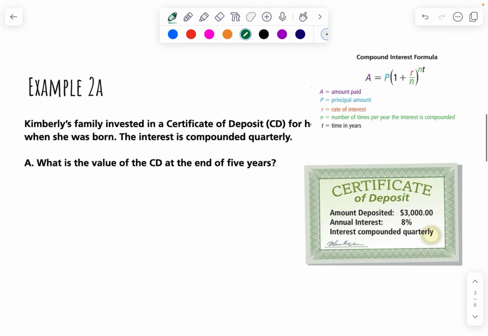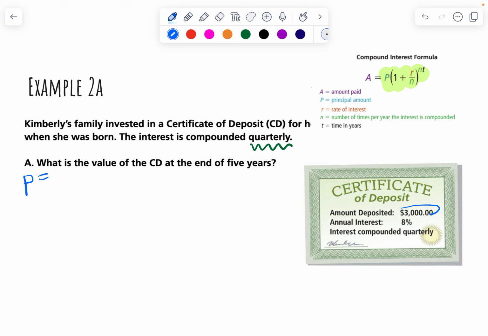All right, let's look. Kimberly's family invested in a certificate of deposit for her when she was born. The interest is compounded quarterly. So let's fill in everything to this equation. P is the starting value.